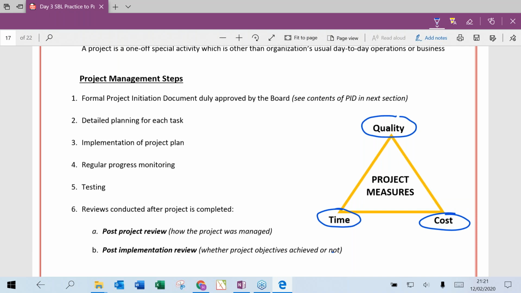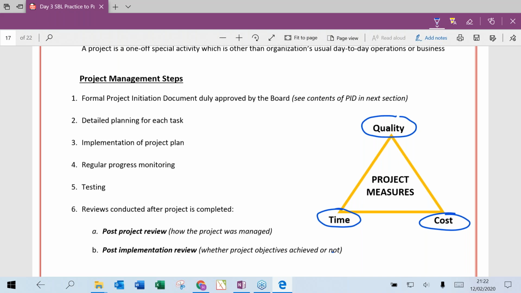Quality means the project deliverables, the technical design. Time means the duration of the project, how much time it will take, and cost means the cost involved in the project. All these three are dependent on each other, and it is difficult to strike a balance, but these are called project measures.